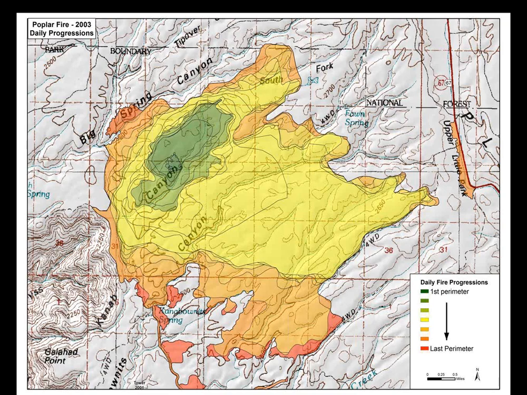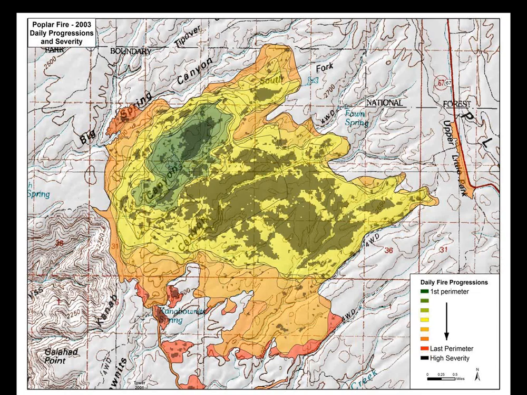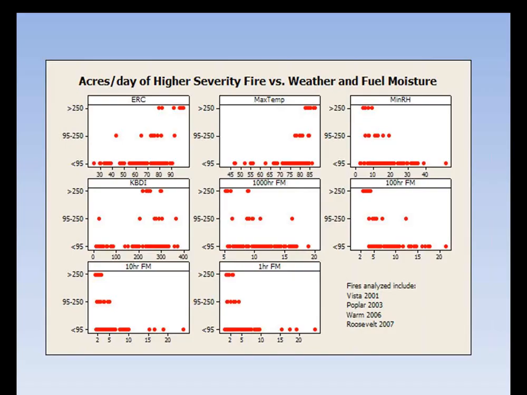And then we intersected the severity data with the daily growth data. And the idea was, could we figure out which days had large areas of high severity, and then on those days, could we go in and look at certain variables and try and figure out, was it weather related, was it fuels related, etc. So we clustered the data into 3 sizes.